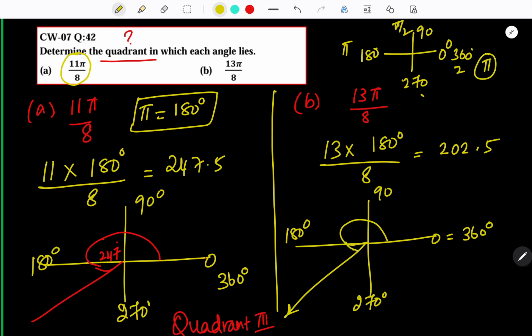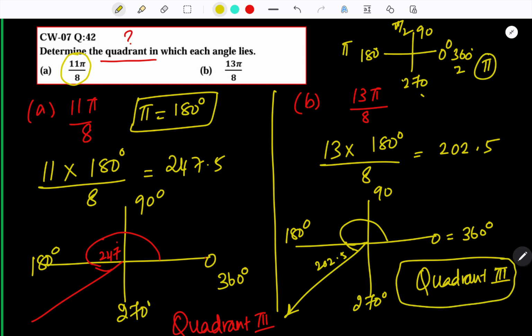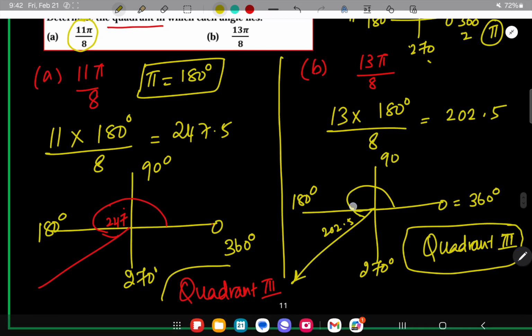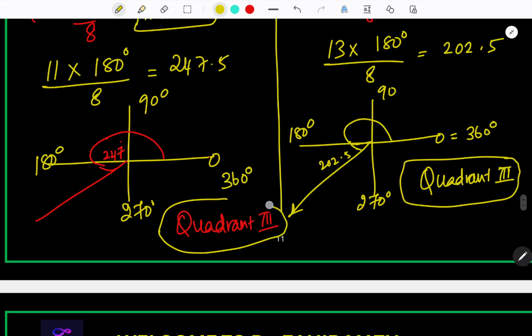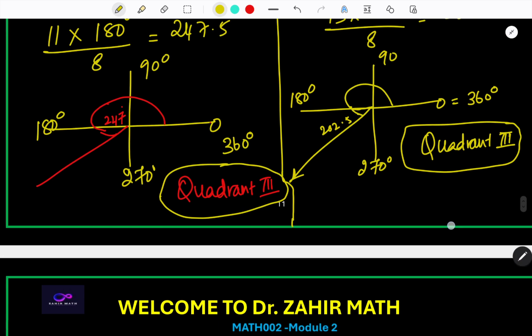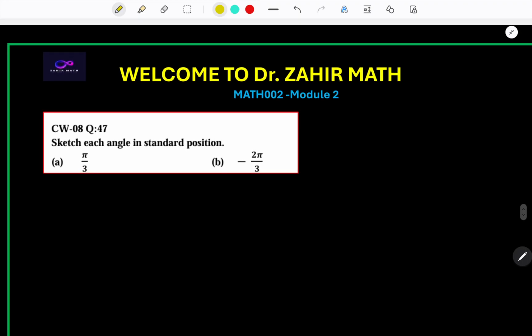So this place is 202.5. Again the answer is quadrant 3. You should use Roman numerals, keep in your mind. So this is also quadrant 3. Now let me go to the next question.